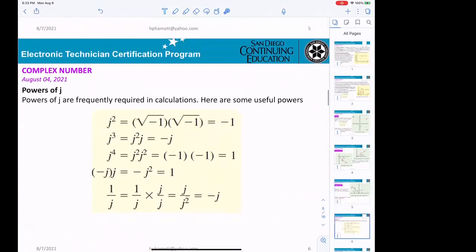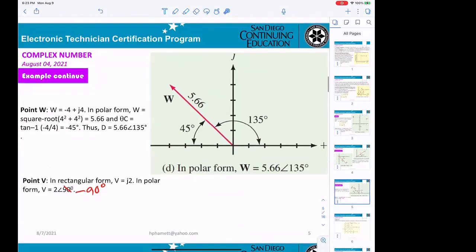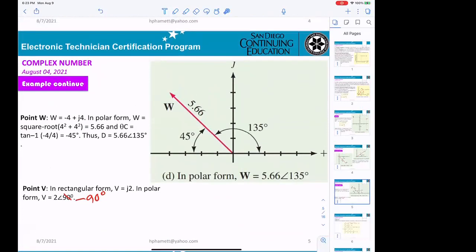Hey, Mr. Pham, I have a question. On W, where you got 5.66 and 135 degrees, and you have 45 degrees, is 135 degrees the same as minus 45 degrees?